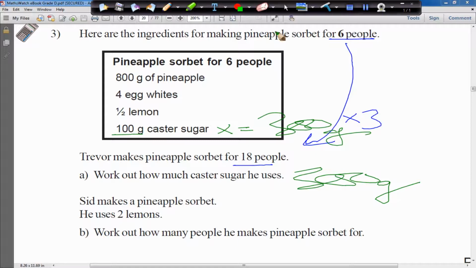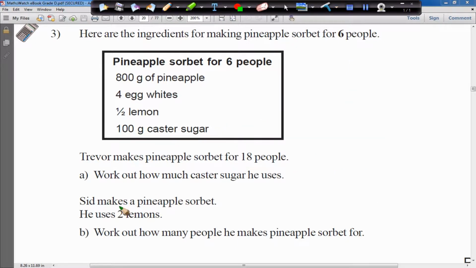Okay. Right, let's clear that. Sid makes a pineapple sorbet. He uses 2 lemons. So how many has he got first of all? Half. And he multiplies it by something and he gets an answer of 2. So what did he multiply by? 4. So this is for 6 people, a half, and then he's increased it by a factor of 4.